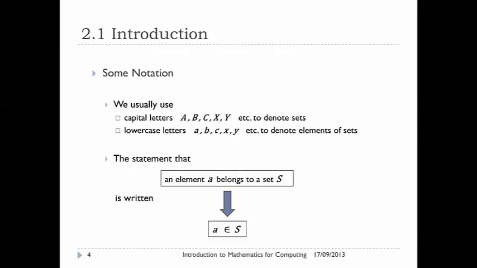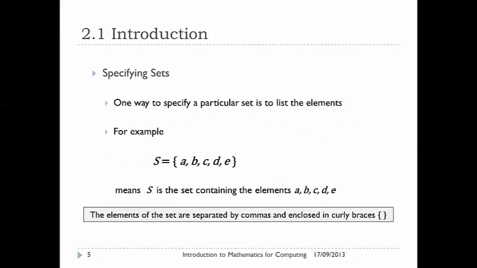Now, when it comes to actually specifying the elements of a set, again using mathematical notation, we have a number of ways of doing this. So one way to specify a particular set is to list all of the elements. This is known as roster notation.